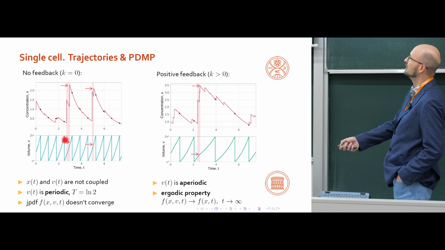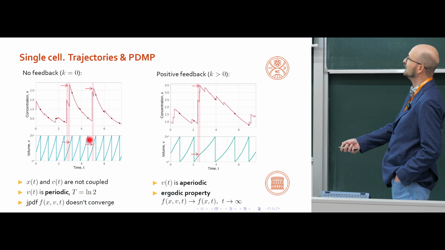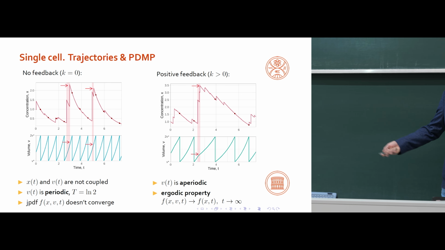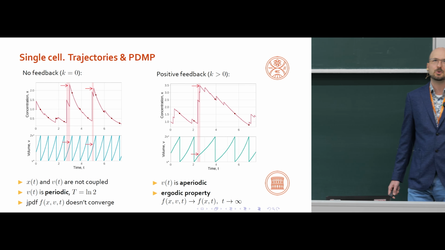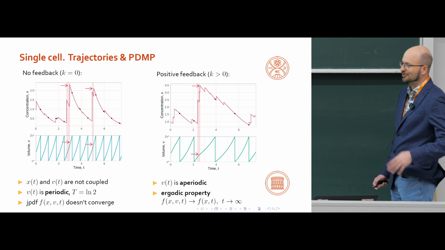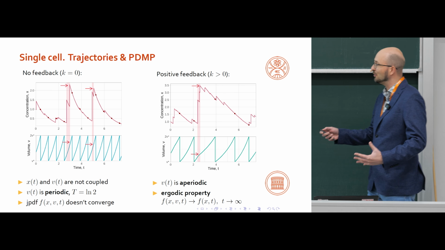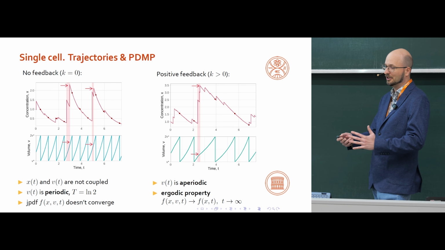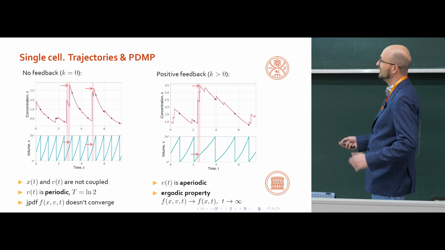This is exponential growth of the volume, and then it reaches a critical volume when the cell divides and goes back here. So it's a periodic function. And when you have this deterministic periodic function in a stochastic process, then it's obvious that the distribution of the stochastic process doesn't converge to a stationary distribution. The process will not be stationary.